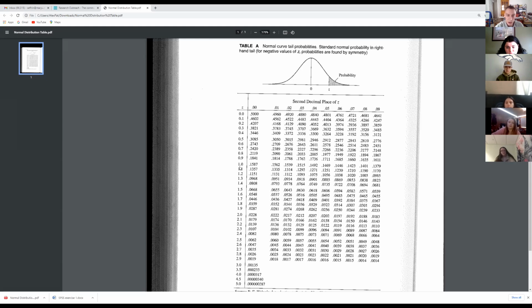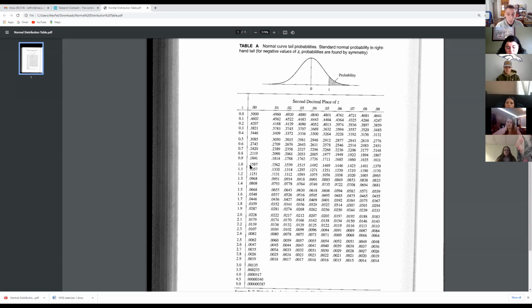So we want 1.00, and we find that to the right of a z-score of 1 there's about 0.1587, or about 15.87% of the distribution.